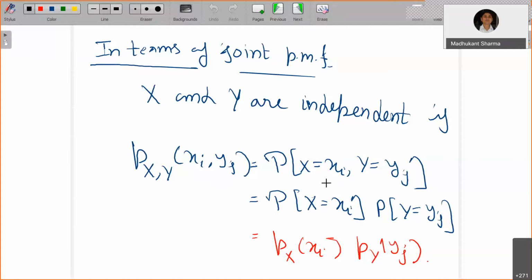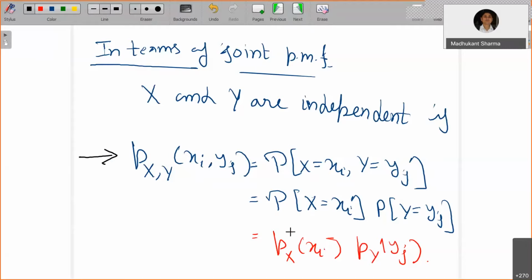These are nothing but the individual probabilities at xi and yj. So if you find that the joint PMF can be written as the product of the individual PMFs at the same values, then x and y are independent.